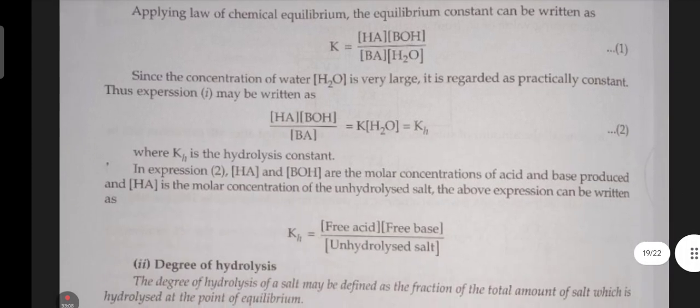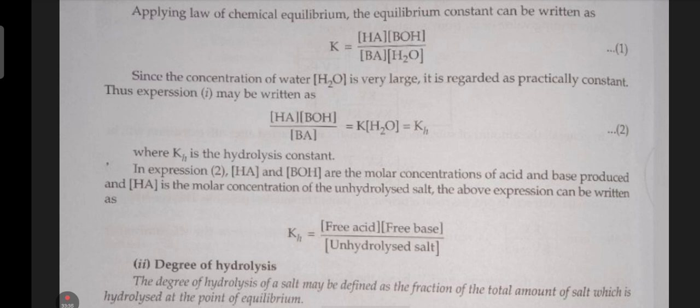Since the concentration of H2O is very large, it is regarded as practically constant. Expression 1 may be written as the concentration of HA into the concentration of BOH upon the concentration of BA is equal to a constant KH, where KH is the hydrolysis constant.